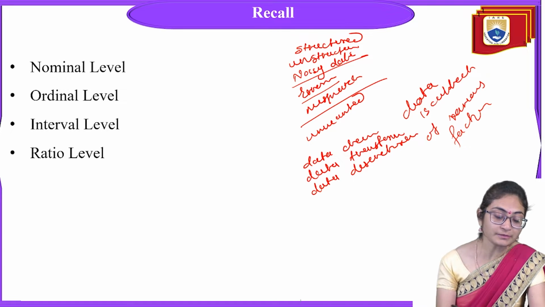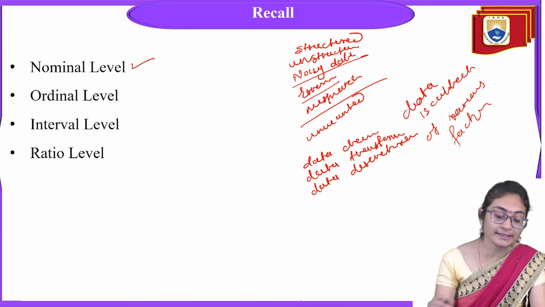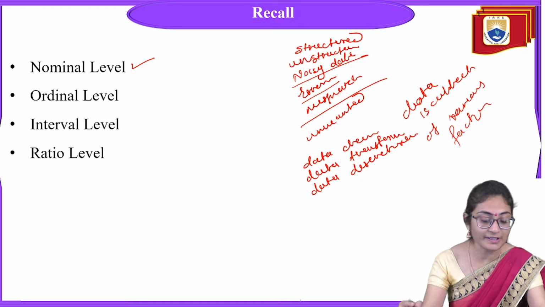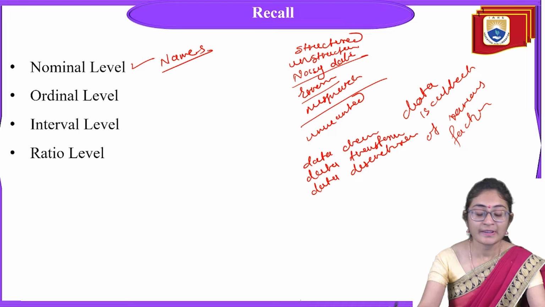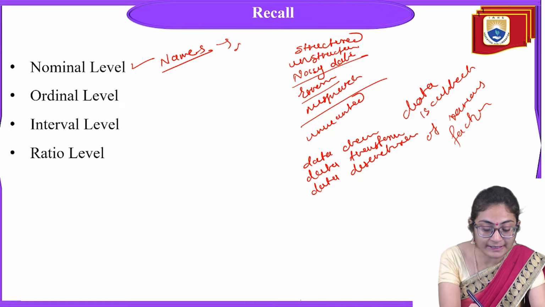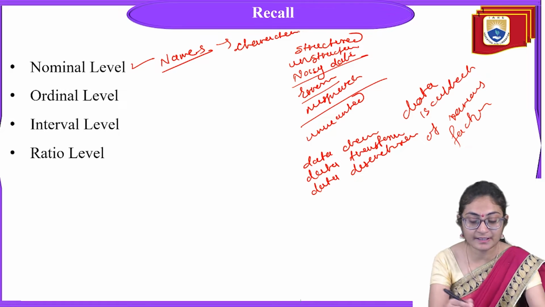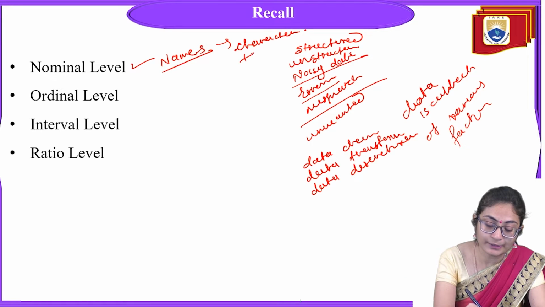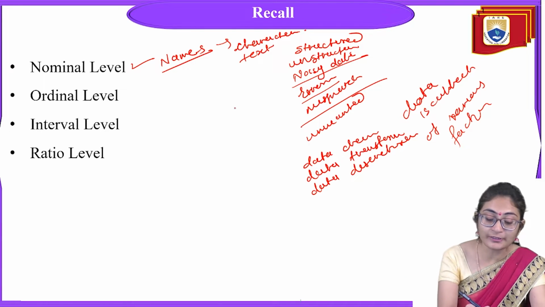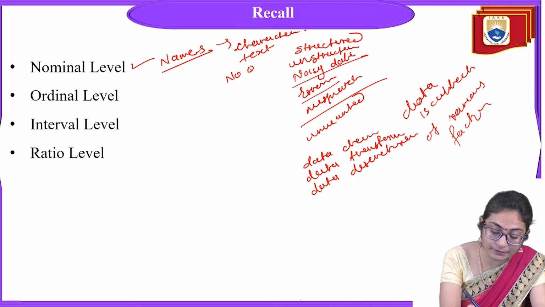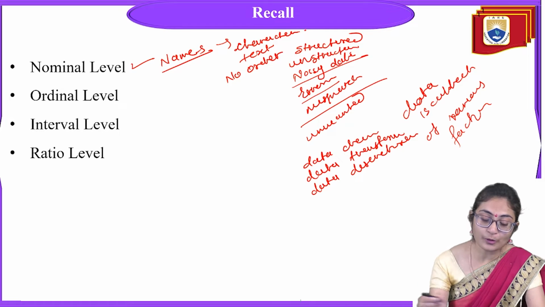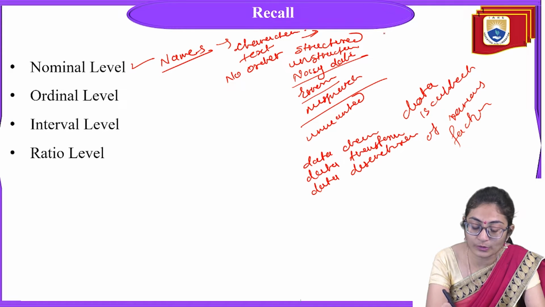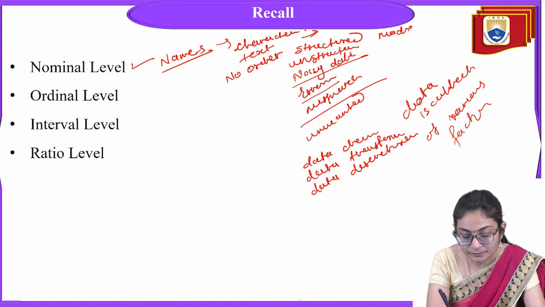In nominal level, our data mostly suggests names. That means it will contain only characters, only text, but it will not contain any order. Because of this, we can calculate only the mode here.